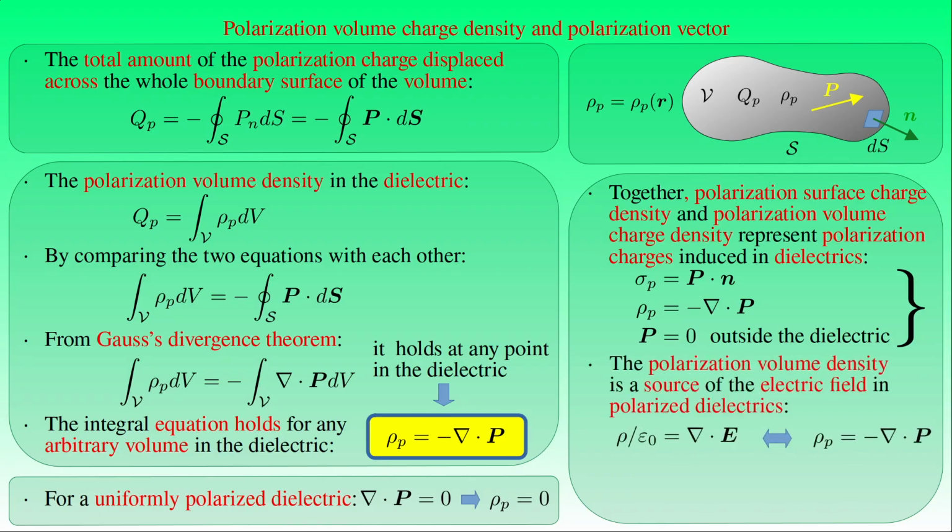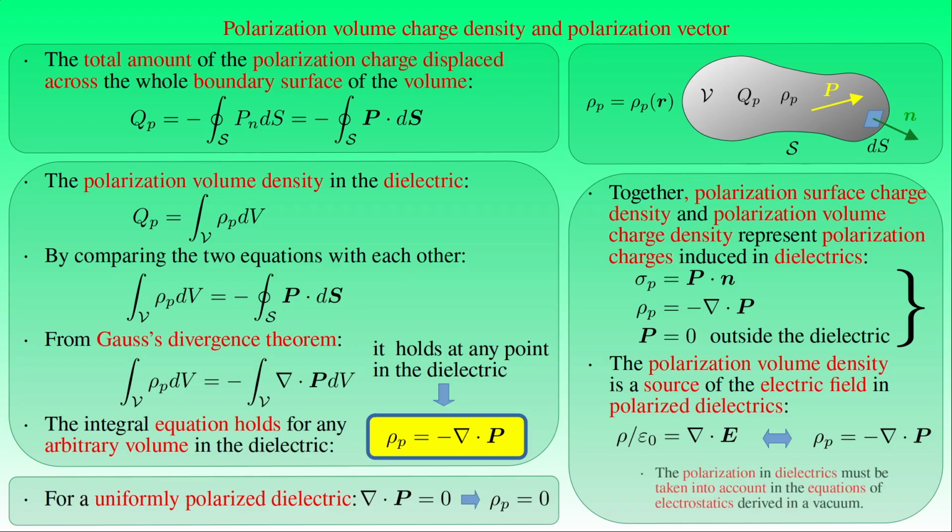We can compare the divergence equation of the polarization with the fundamental equation of electrostatics in a vacuum, stating that the electric charge density ρ at a given point in space divided by the vacuum permittivity ε0 is equal to the divergence of the electric field strength E at that point. This comparison shows that the polarization volume charge density ρP is the source of the electric field in a polarized dielectric with the polarization P, just as the volume density ρ of electric charges is the source of the electric field E in a vacuum.